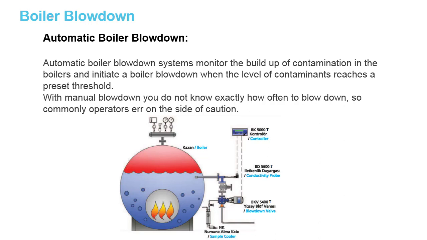So it is essential to have the automatic boiler blowdown. You can see here the blowdown: there is a controller, you can see the TDS and other parameters, a conductivity probe is also there, a sample cooler, and here the blowdown valve.